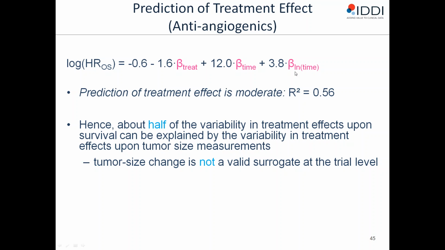So although there seems to be more going on in the antiangiogenics comparison in terms of the association between this whole set of treatment effects and the effect on survival, it's still not strong enough to allow us a good prediction.